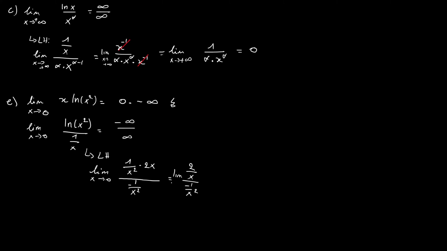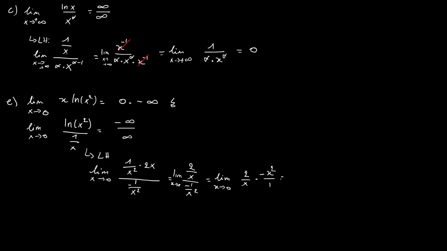Let me rewrite it a little bit so it's clearer. X approaches 0. Bringing this up, what do you get? This is the limit of x approaching 0 of 2 over x times minus x squared over 1.